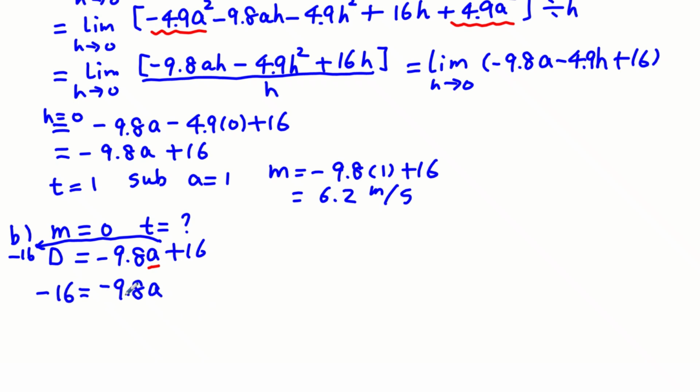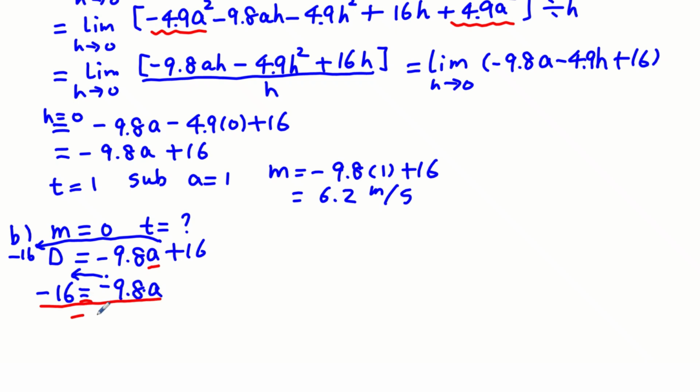We don't want to see the negative 9.8 on the same side as a, so we move the negative 9.8 to the other side. And this time it's not adding or subtracting. No sign between negative 9.8 and a means multiplication. The opposite operation to multiplication is division.